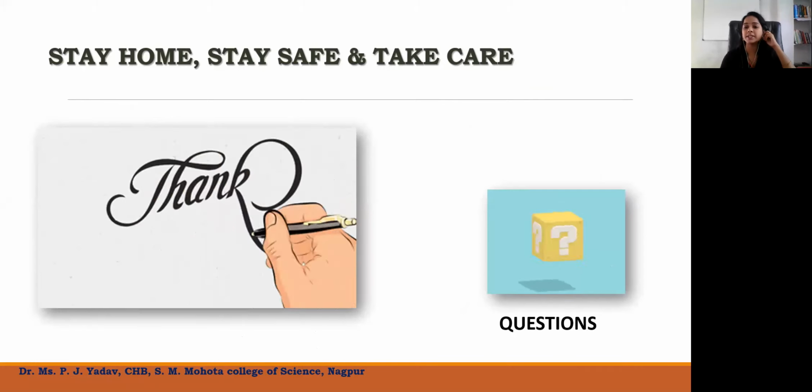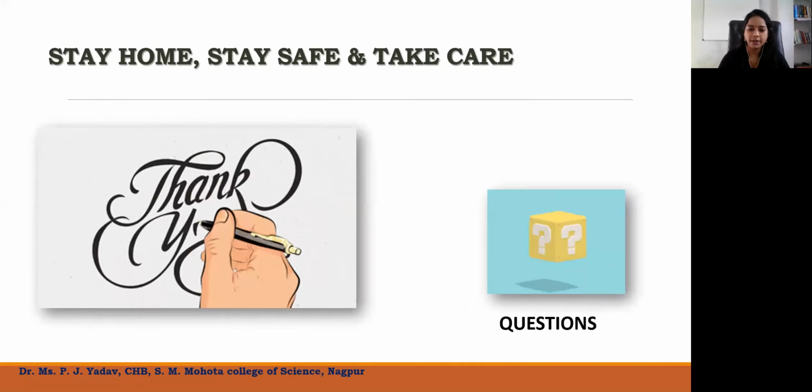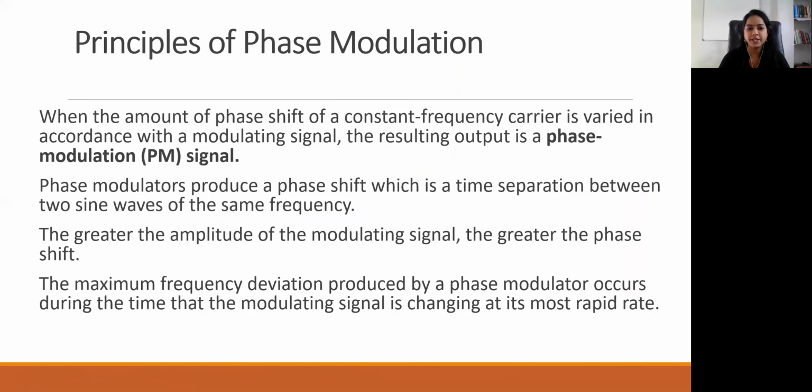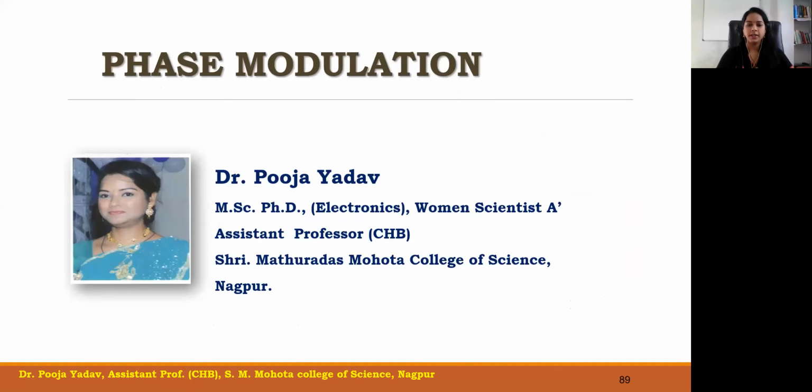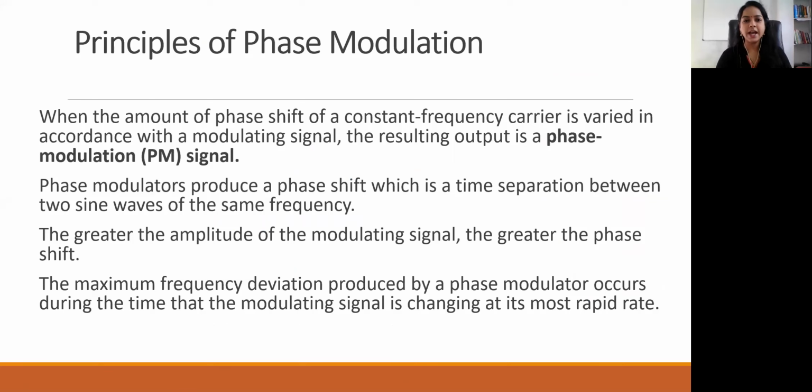For today's class, we'll just have an overview of what we have seen for phase modulation. We have seen what phase modulation actually is. In phase modulation, with each amplitude of the modulating signal, we change the phase of the carrier signal. Always remember what the modulating signal is and what the carrier frequency is.